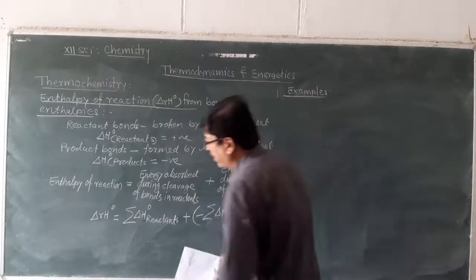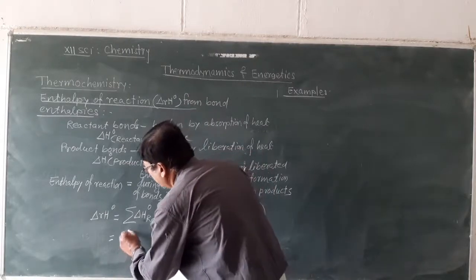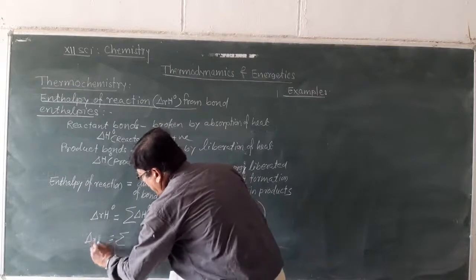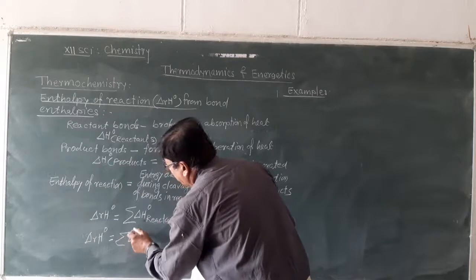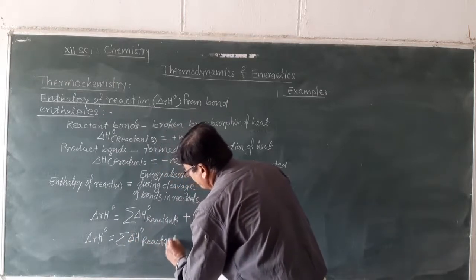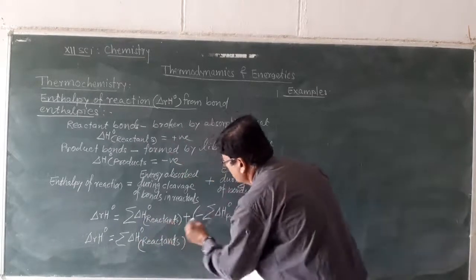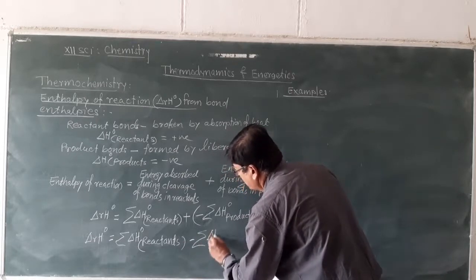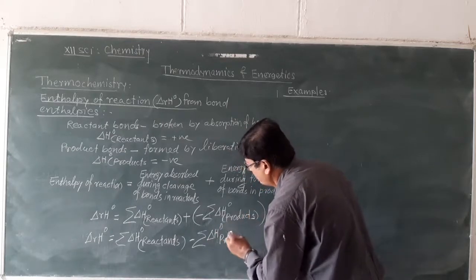This is the formula. Now, if you write this formula in a modified way, it becomes delta rH naught is equal to summation of delta H naught of reactants plus into minus summation of bond enthalpies of products.